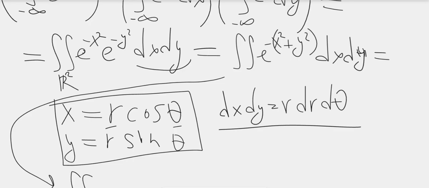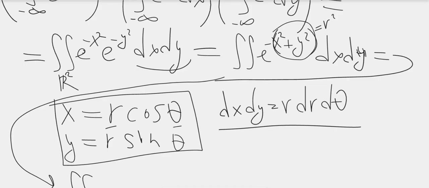And now we do the substitution. So we see that this x squared plus y squared is exactly equal to r squared. That's why it's very convenient to do the substitution to polar coordinates.